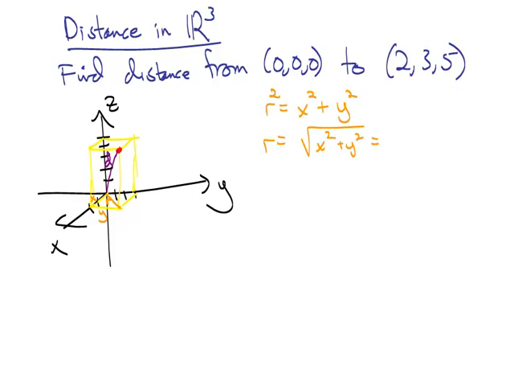And in this case, how far do we travel on the x-axis? 2 units. And the y-axis, 3 units. So R squared is just 2 squared plus 3 squared, or x squared plus y squared.